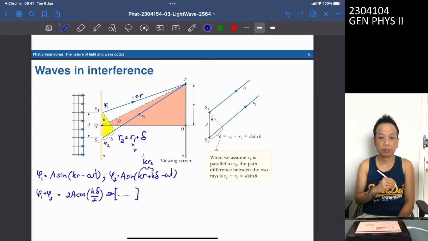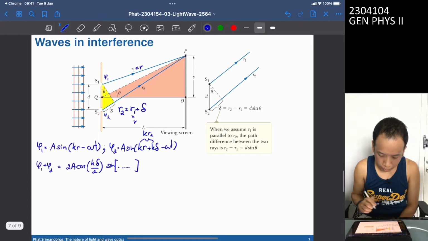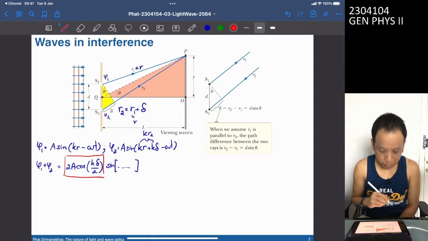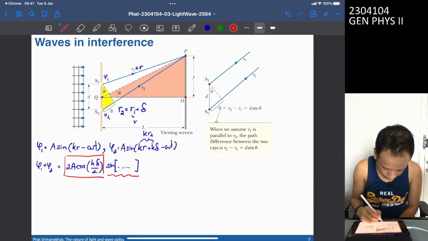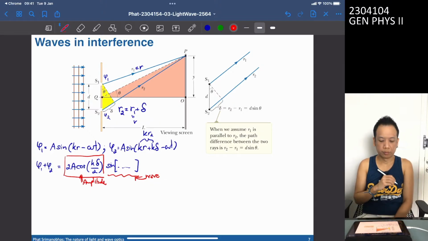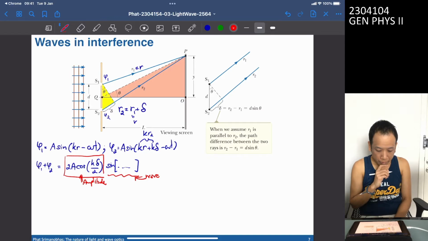Okay, so this is the amplitude, and this is the wave.